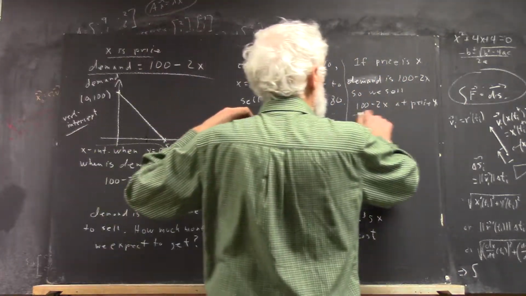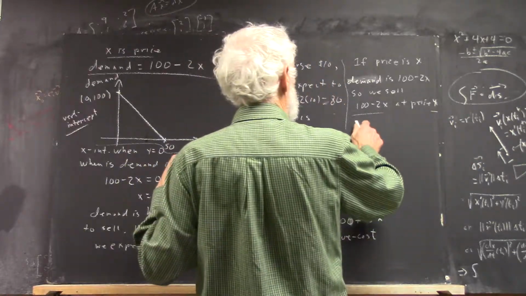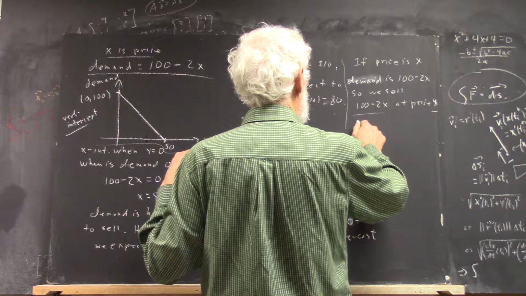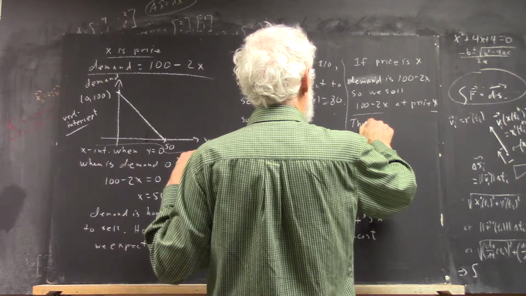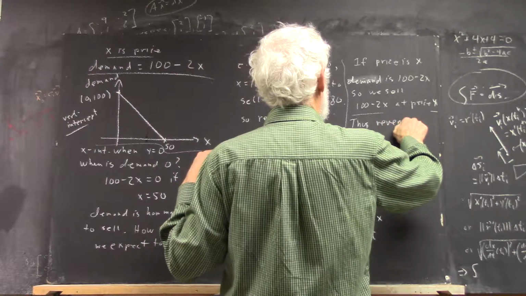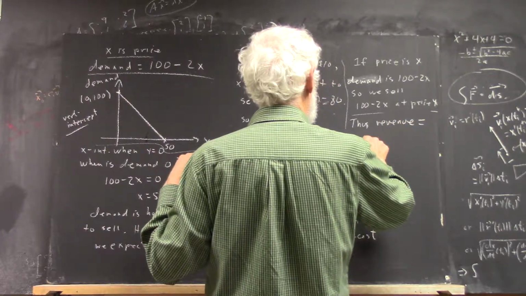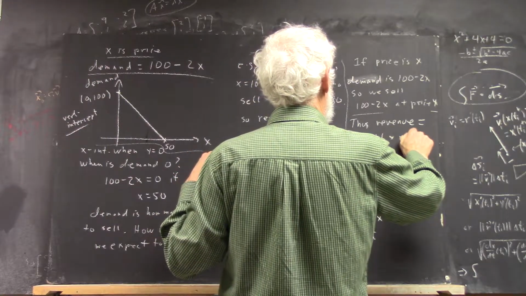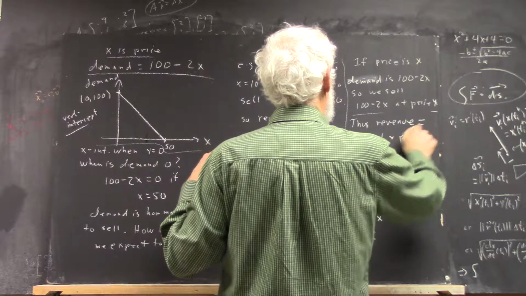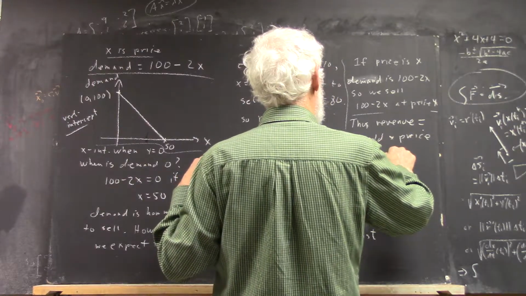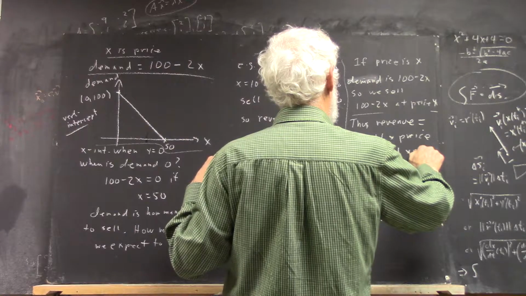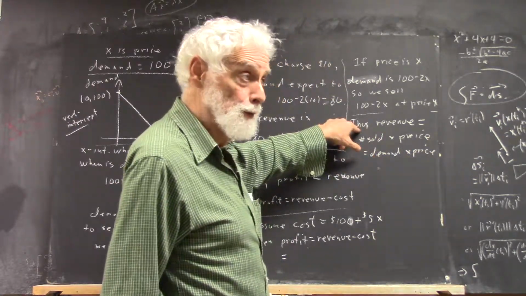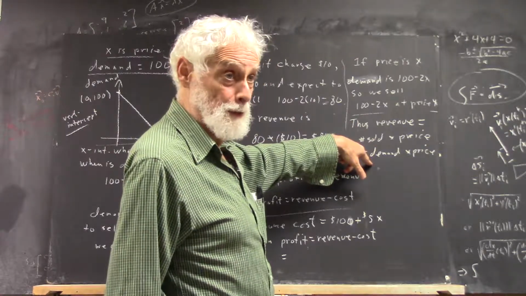So we sell this many at this price. Thus, the revenue equals number sold times price. Number sold is the demand. That's equivalent to saying number sold, because we're assuming we're going to sell the demand, right?